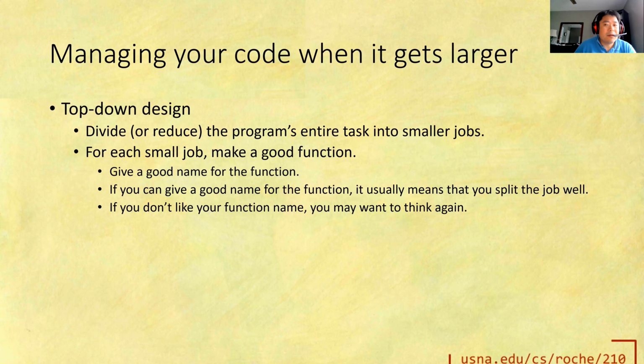It's really hard to find where the bug is because you have to scroll down all the billion lines of code. That's impossible. So what do you have to do? You have to divide the program's entire task into smaller jobs. In computer science terms, we usually call that reducing the program task into smaller tasks.